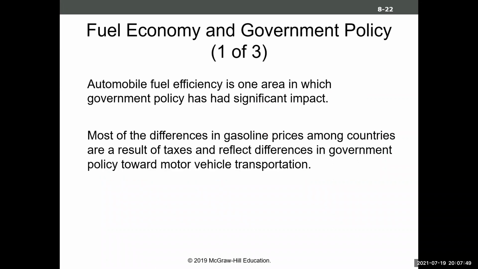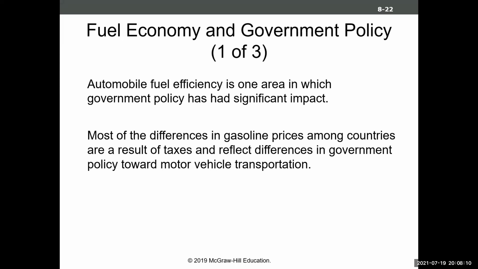For example, automobile fuel is an energy source that can directly affect the economy based on the price. If there are high gas prices, people aren't going to travel. They're not going to vacation because they can't afford it.